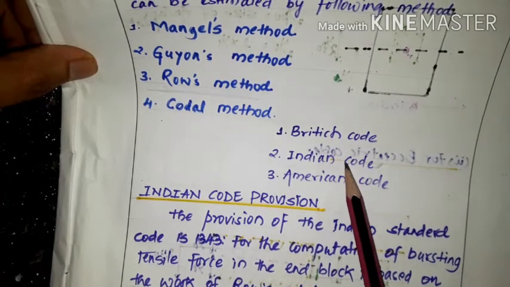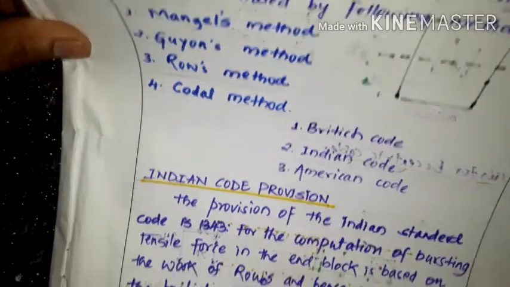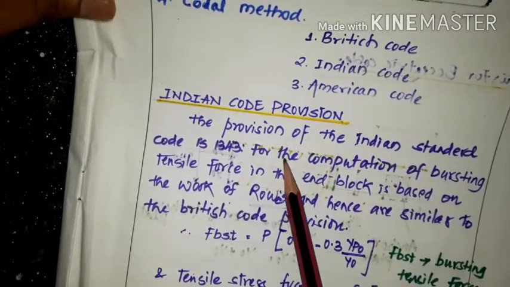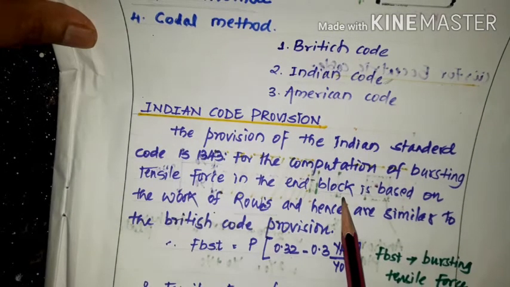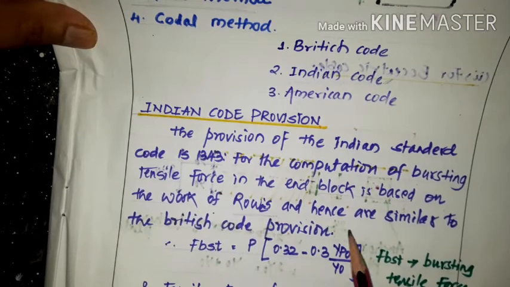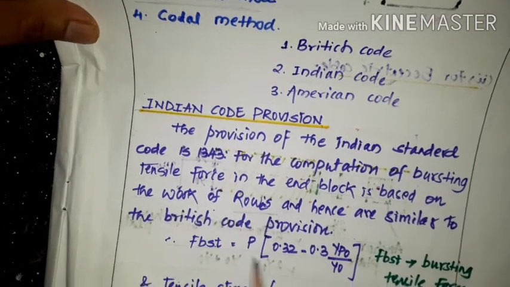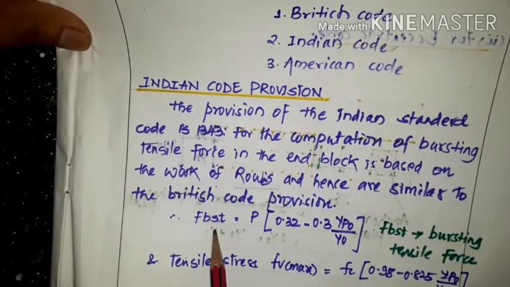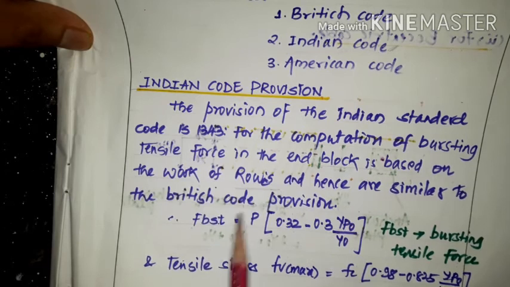So either you use the Indian code or British code or Rose theory, they are the same. The bursting force is given by the British code or the Indian code, both are the same.